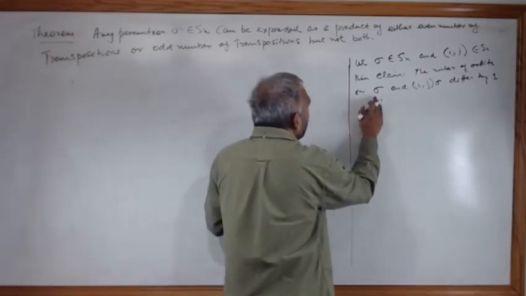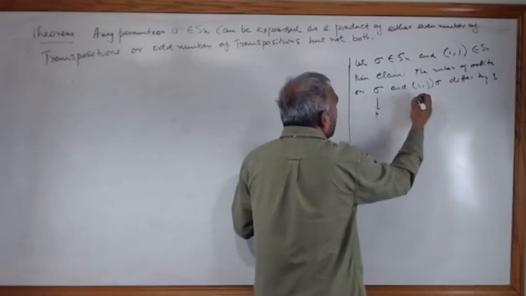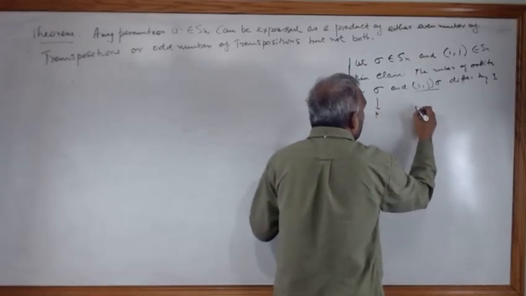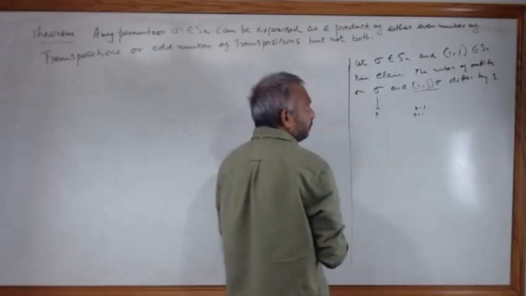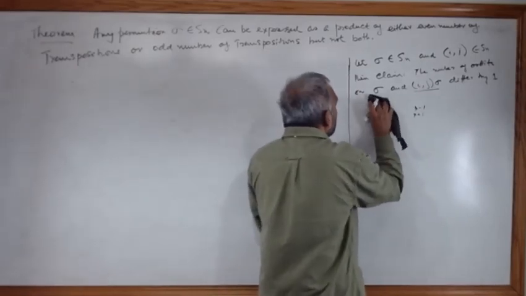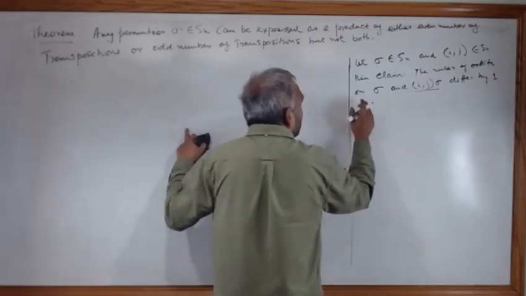Meaning, if there are p orbits here, this will have either p minus 1 orbits or p plus 1 orbits. So that is what we are going to prove here. That is the first claim.